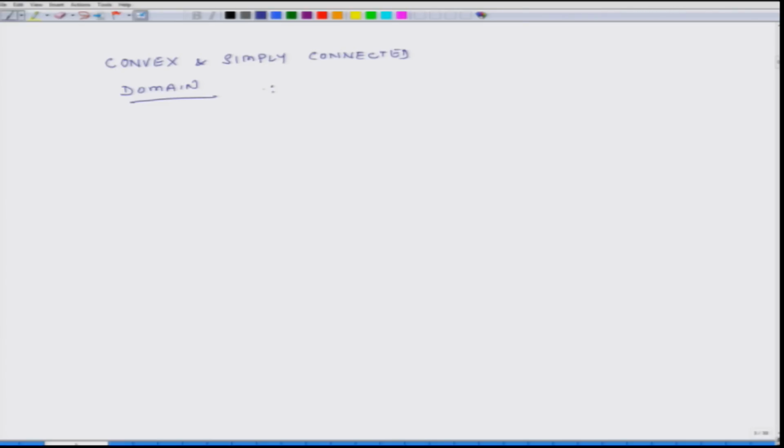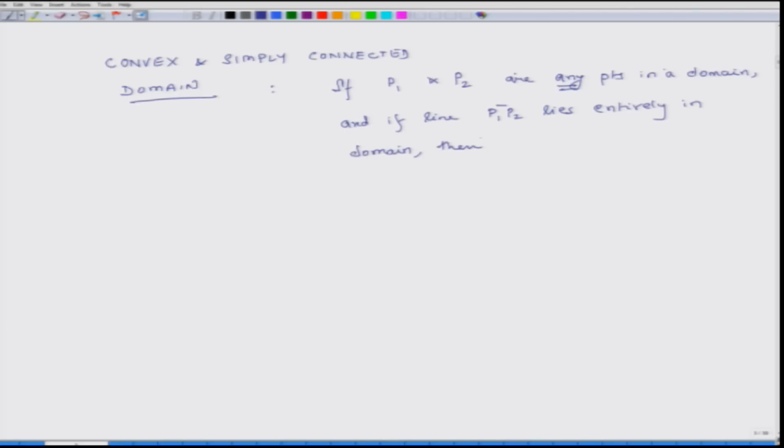This is how we figure out: if P1 and P2 are any points in a domain, and if the line P1P2 lies entirely in the domain, then the domain is convex and simply connected.